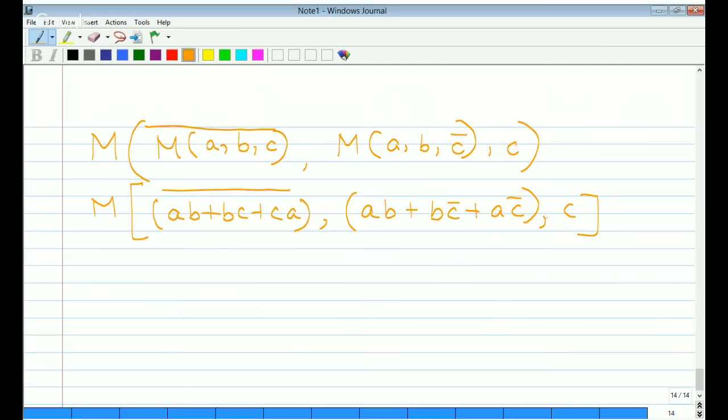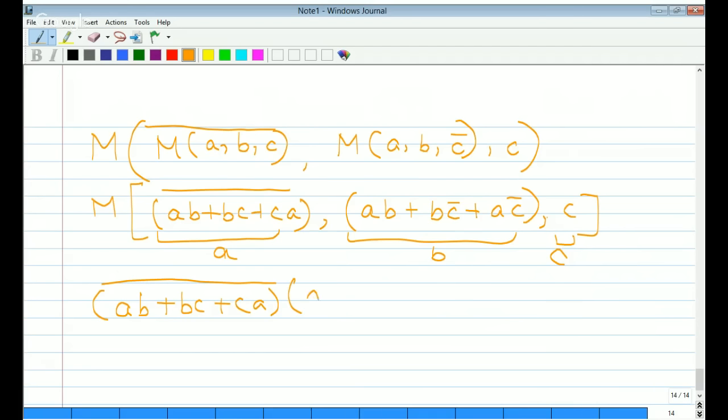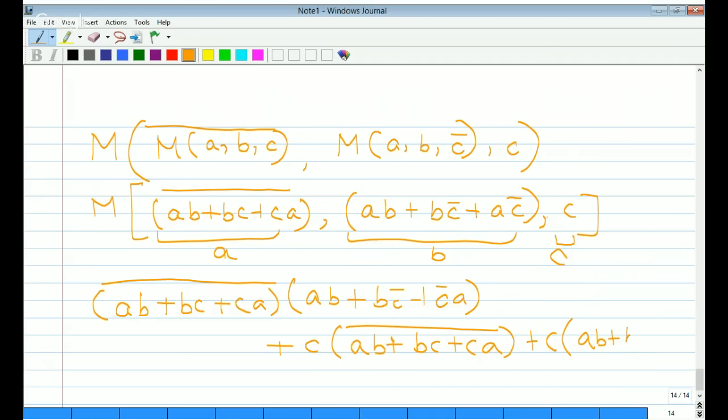Then apply the same logic here. Now this becomes A, this becomes B, this becomes C. So (AB plus BC plus CA) whole bar into (AB plus BC bar plus C bar A) plus C, (AB plus BC plus CA) whole bar plus C(AB plus BC bar plus AC bar).